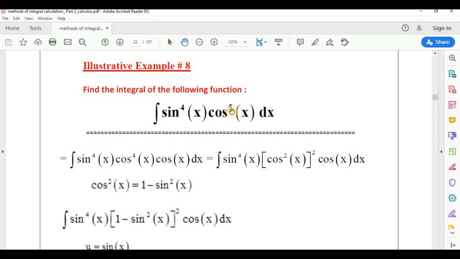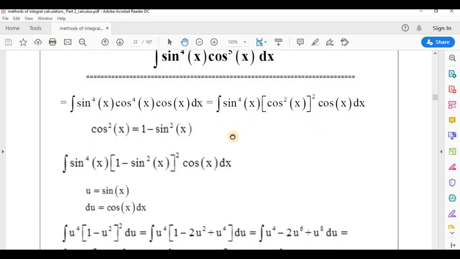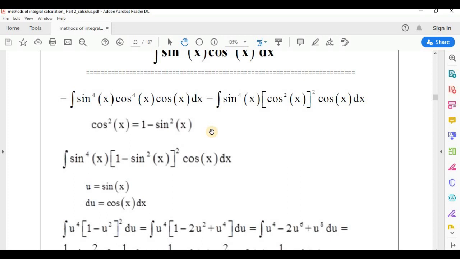We withdraw 1 from 5, we will get 4, equal to the integral of sine to the power 4 multiplied by cosine to the power 4, which will be cosine squared all to the power 2, and cosine x dx, we will keep it as it is. In this case, we will be able to use this relationship, cosine squared equals 1 minus sine squared, same as the previous example.